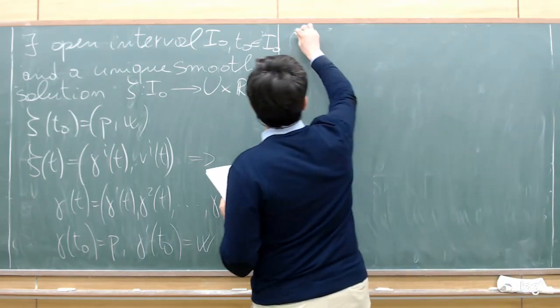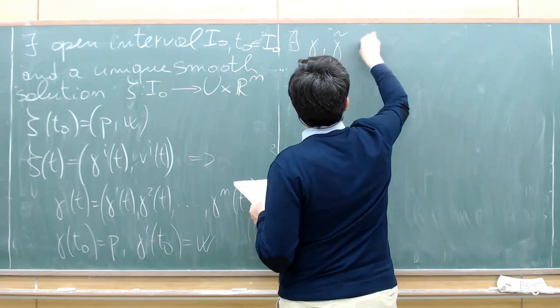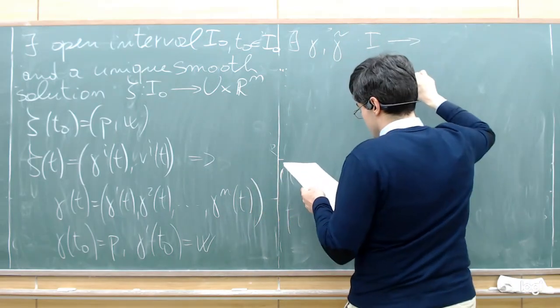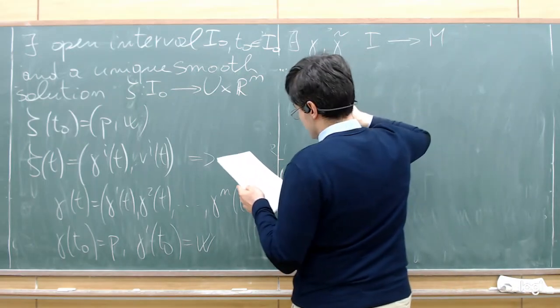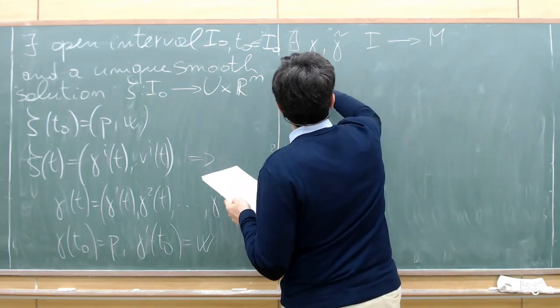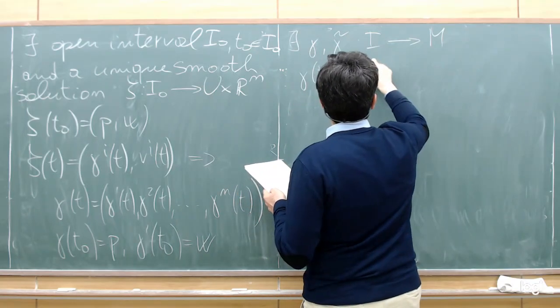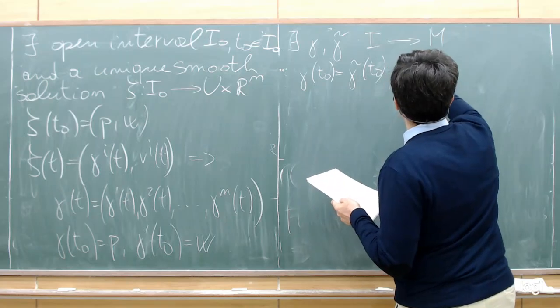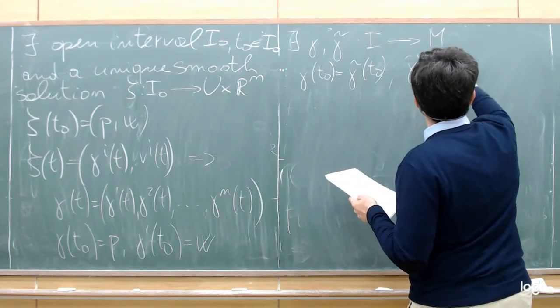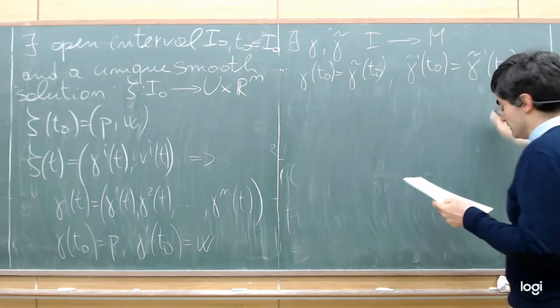So suppose that there exists gamma tilde from I into M such that gamma(t0) is equal to gamma tilde(t0) and gamma'(t0) is equal to gamma tilde'(t0).